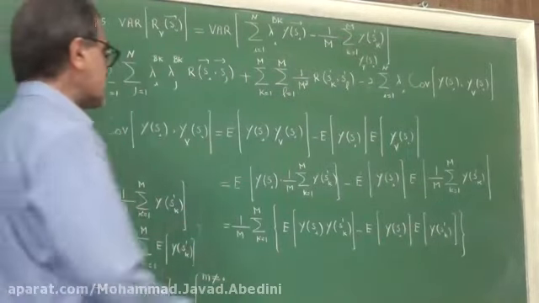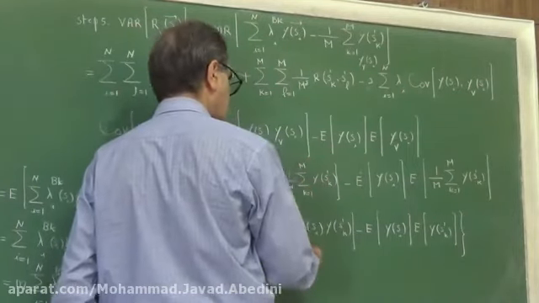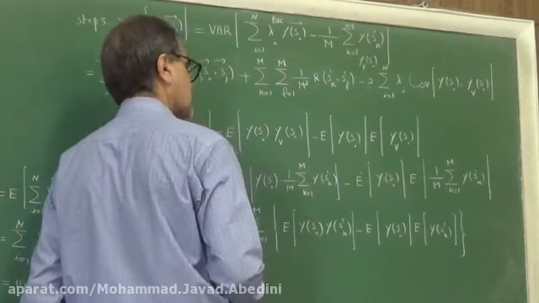What I did, I just factor out this 1 over m summation k from 1 to m because of linear property of expectation.